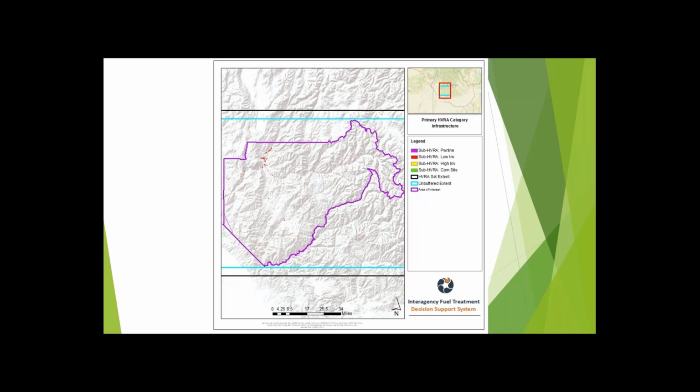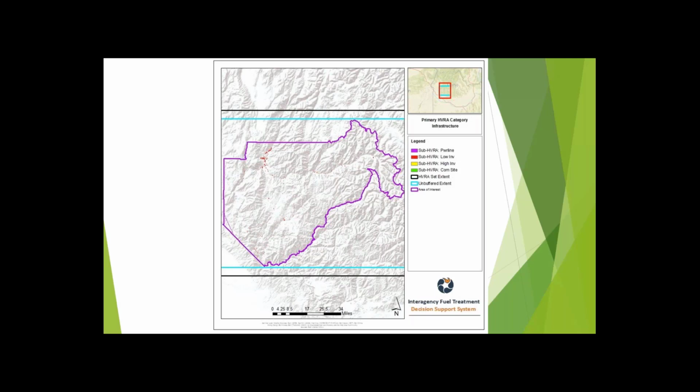And this is the map from the exposure analysis report to give a big picture perspective for the infrastructure HVRA data in Boise County. And one feature I really like is that users have the ability to download the exposure analysis outputs for use outside of IFTDSS, because HVRAs with very small extent relative to the landscape, like structures or communication towers or trails, they may be very hard, difficult, or impossible to see in this exposure analysis report map image.